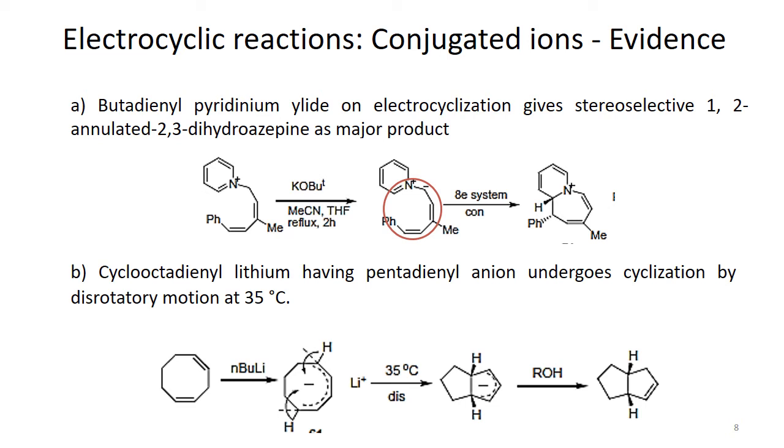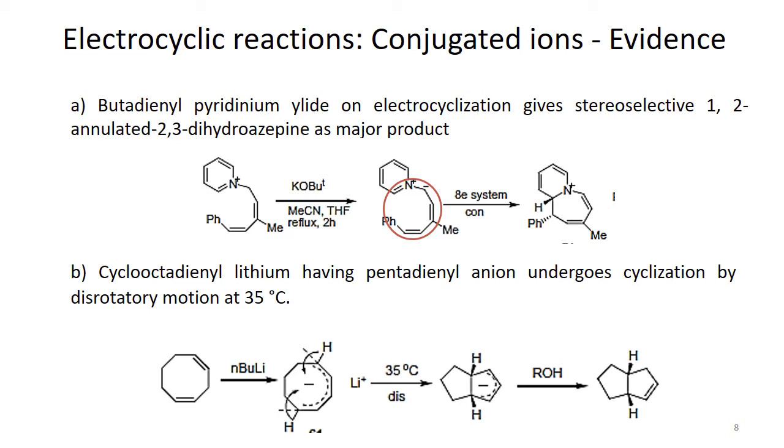One of them is butadienyl pyridinium ylide. Basically, ylides are where we have a positive charge on a heteroatom and a negative charge on the adjacent carbon atom, just like we have read about the phosphorus ylides when we talk about alkene chemistry. Anyways, in here we have this pyridinium type of ylide synthesized by using a strong base under reflux in the presence of THF solvent.